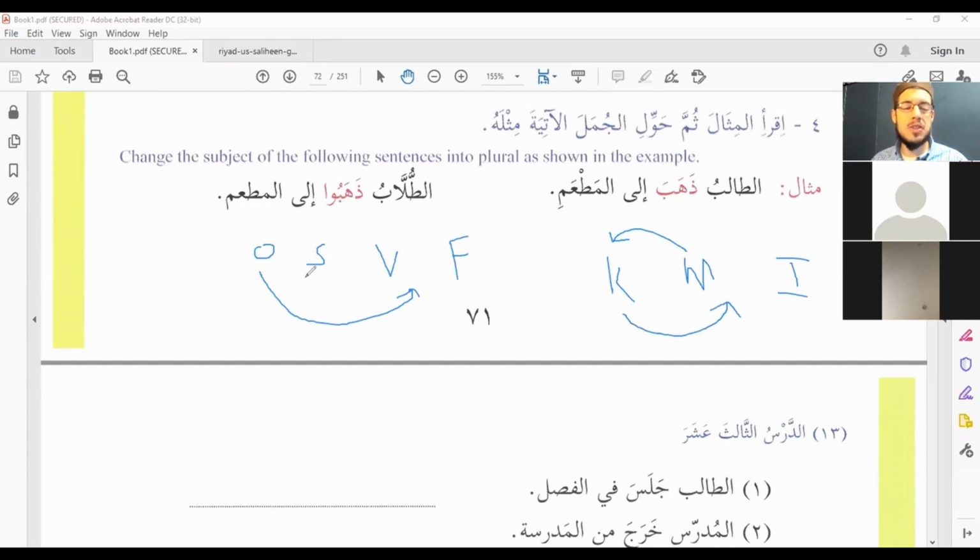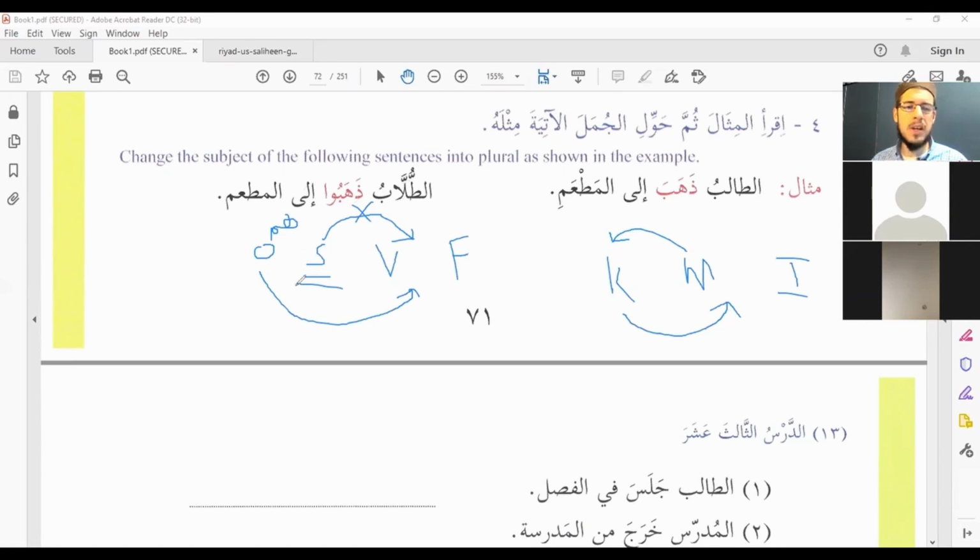If we wanted to stress or emphasize the subject in a jumla fi'liya, in Arabic that's not done by moving the subject to the front of the sentence. That's done through other means, usually with the addition of a subject pronoun in addition to the actual subject written out as a common noun or a proper noun.